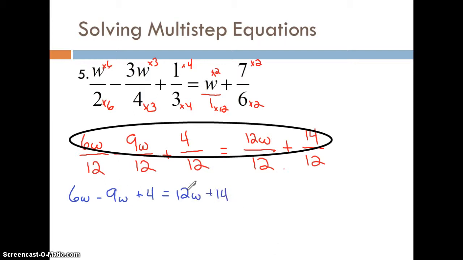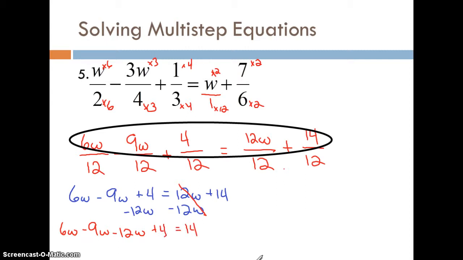So now I want to move all the w's to one side, so I'm going to subtract this 12w over here, which will leave me with this one canceling out. So over here I will have 6w minus 9w minus 12w plus 4 equals 14.